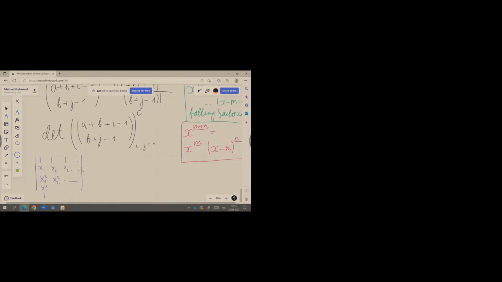My question is, what happens if we replace the usual powers by falling factorials? Ну, мы это обсуждали на втором семинаре. So what happens to the Vandermonde determinant?